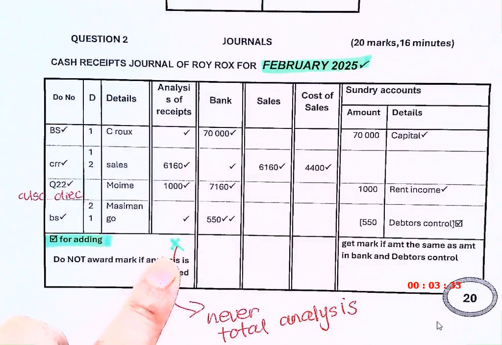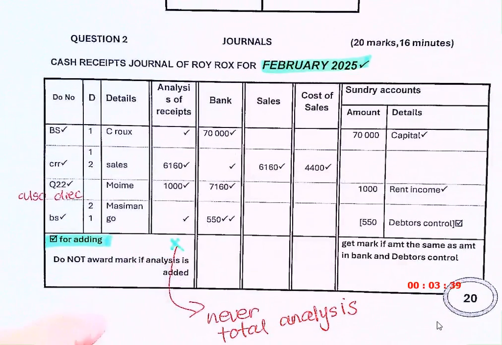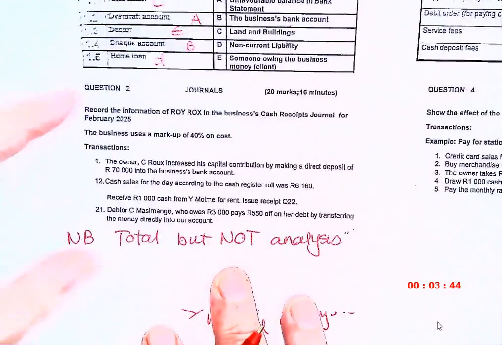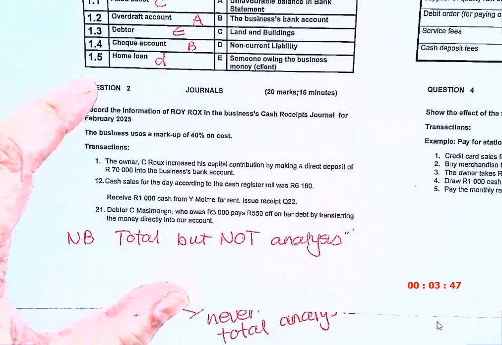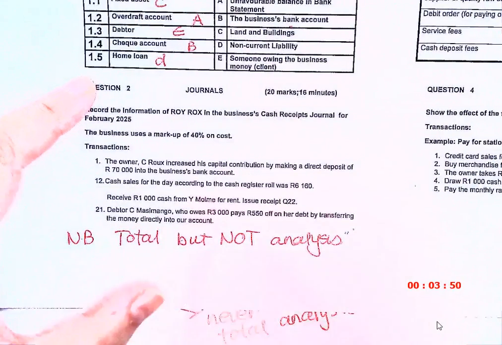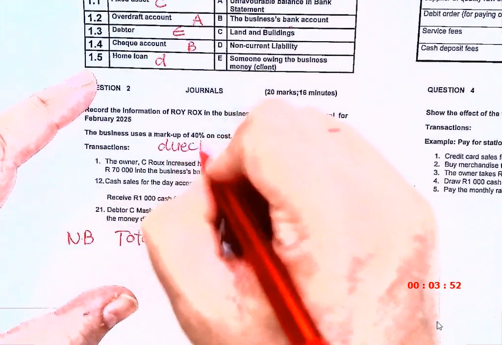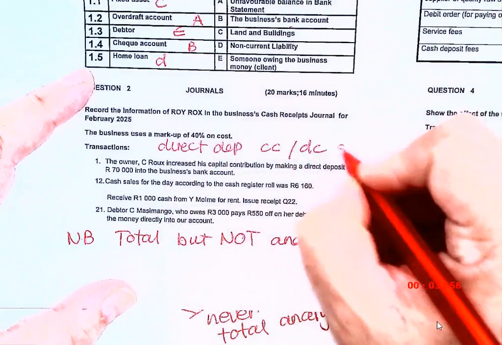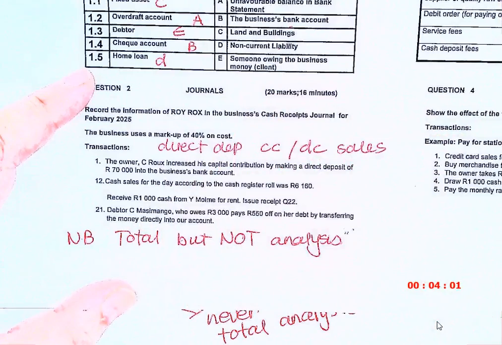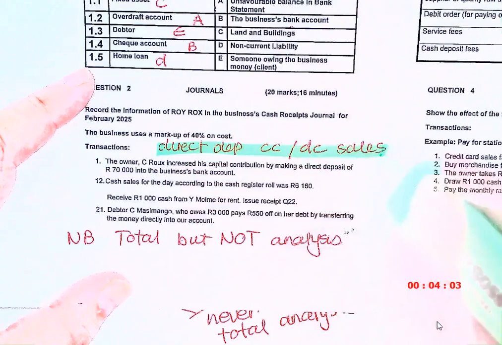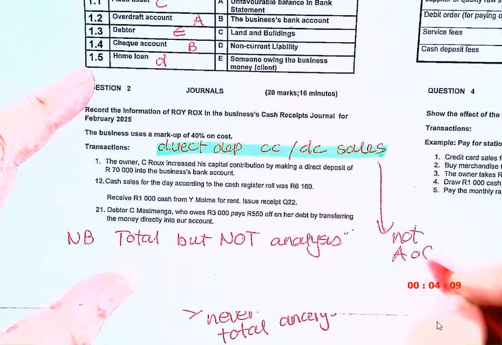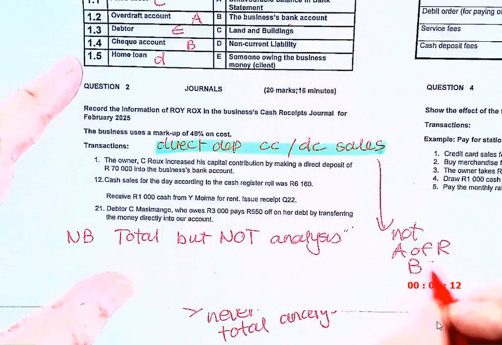So already there's 2 easy marks. Now what did I teach you? I taught you whenever I look at my transactions here and I see direct deposit, in other words, direct deposit, or I see credit card or debit card sales, those things, I am not going to use the analysis of receipts, and my document is going to be a bank statement.